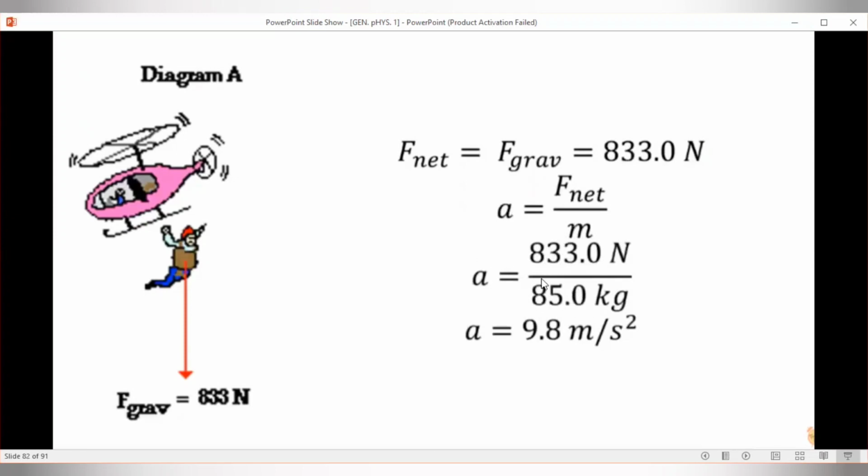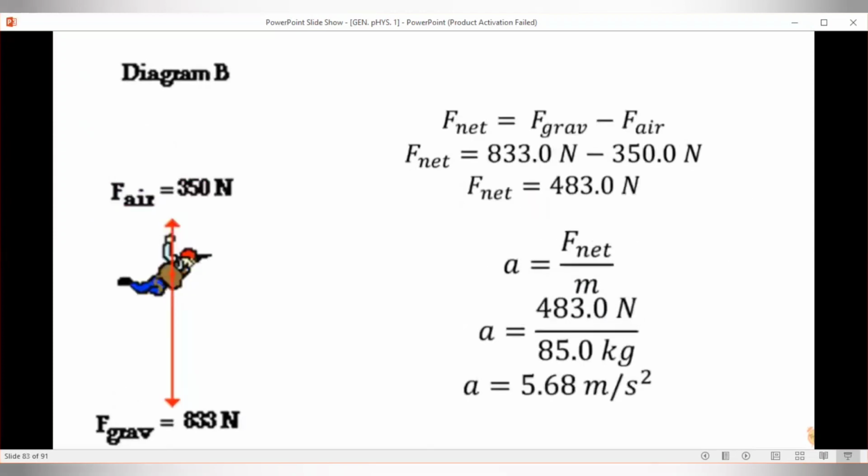By dividing it, therefore you will have 9.8 meters per second squared. Question, why is meters per second squared the unit? Because 1 newton is equal to 1 kilogram meters per second squared. Cancel out kilograms, therefore the remaining unit is meters per second squared.